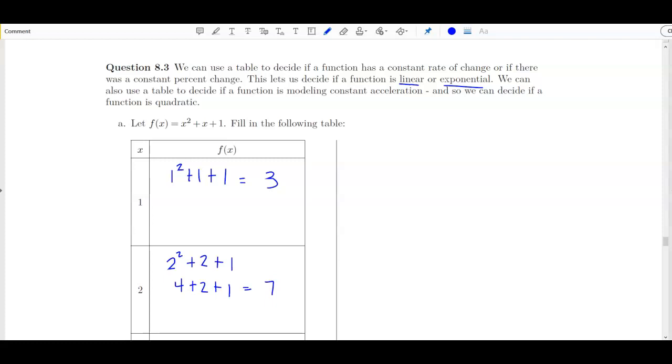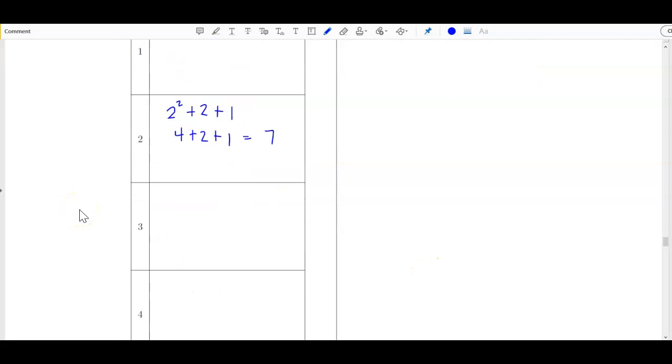And then I keep going. Now I'm going to put 3 in there. So 3 squared plus 3 plus 1, so it's going to be 9 plus 3 plus 1. That's 12, so that's 13.